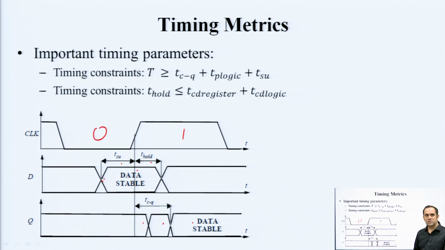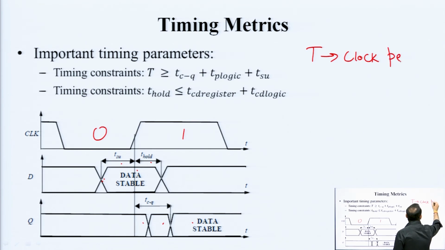So, the timing constraints which are generally associated: here uppercase T represents the clock period. T P logic represents your propagation delay with respect to the data input. Then setup time. So, your contamination delay with respect to the clock, propagation delay with respect to the input, and your setup time.